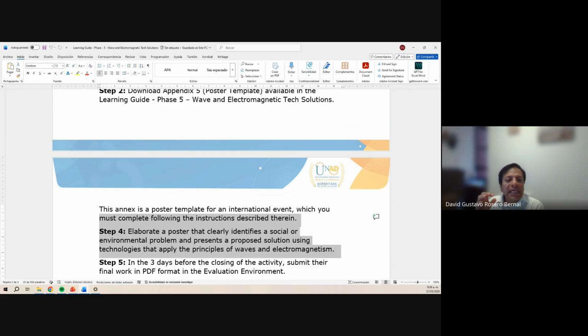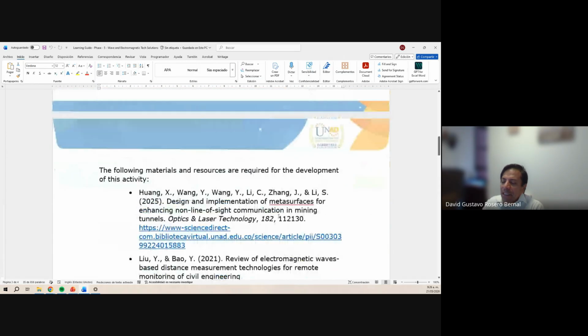Number 2, identification of a social or environmental problem, something that is real, something that matters to people. And number 3, a proposed solution using technologies that apply the principles of waves and electromagnetics. And this is the technical heart of your work. The references that you could use for inspiration are the following.